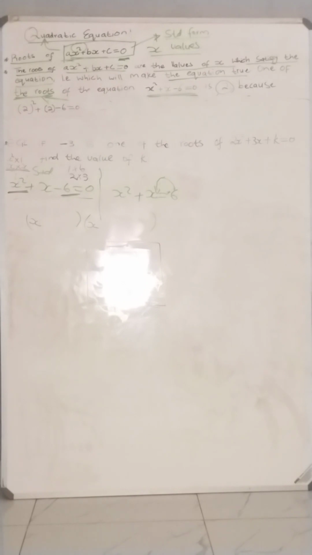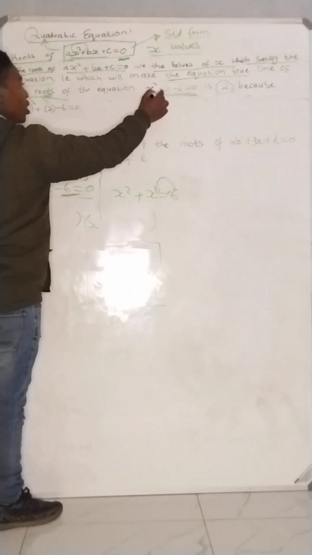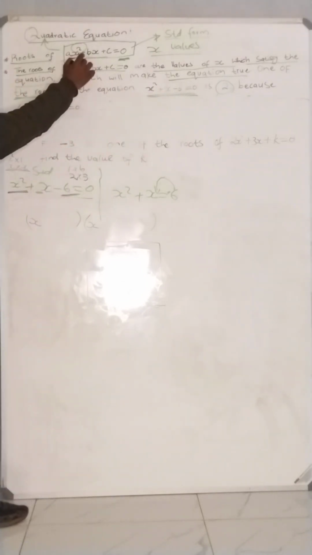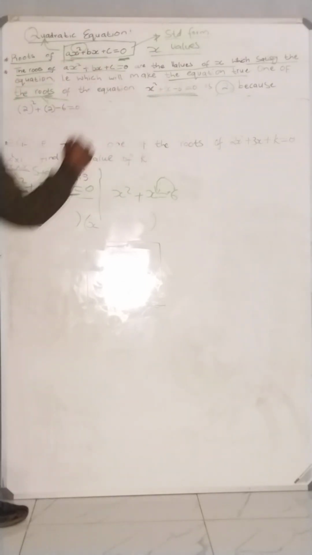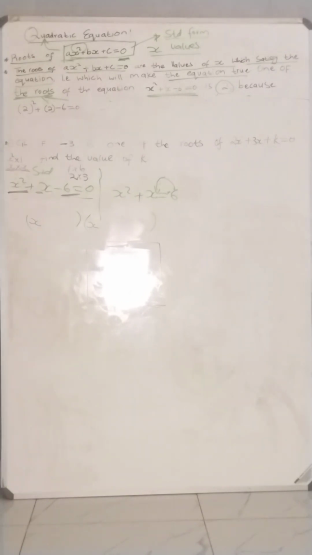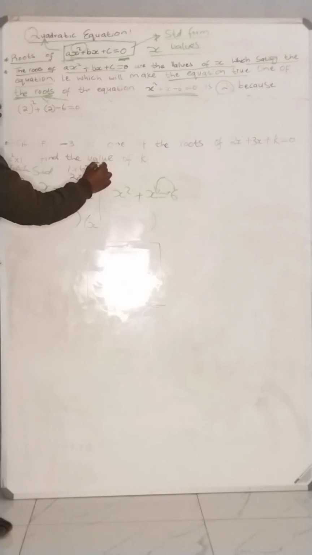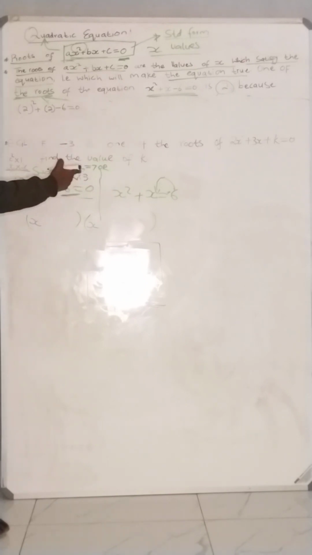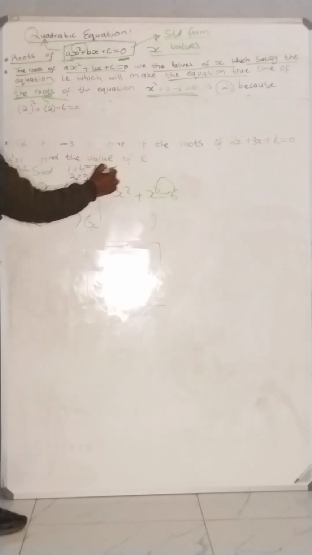Now, the value of b in this quadratic equation is 1. So you're going to look for the factors of 6 that can give you 1. 1 plus 6 will give you 7, or 1 minus 6 will give you 5.